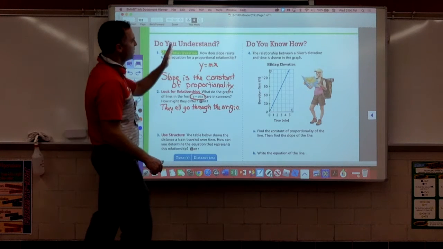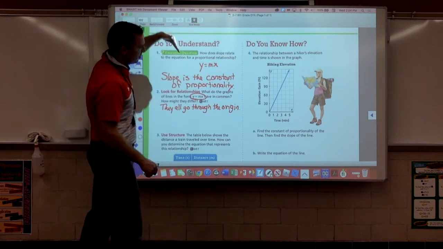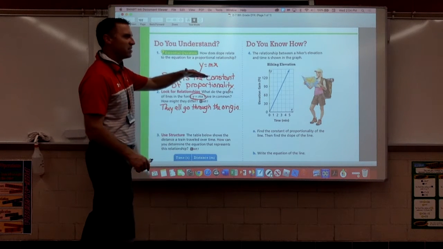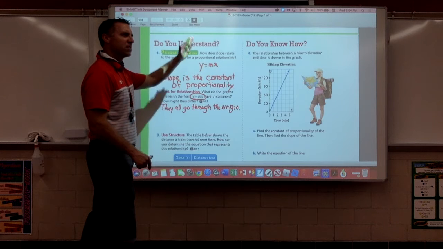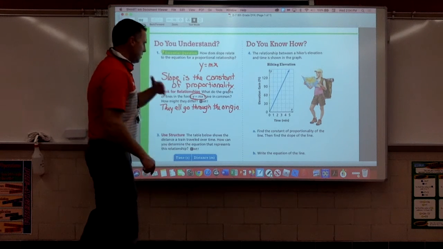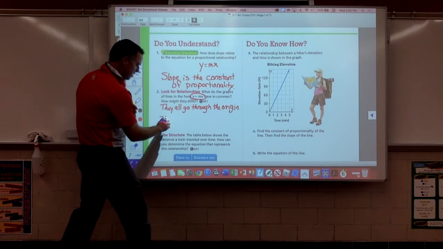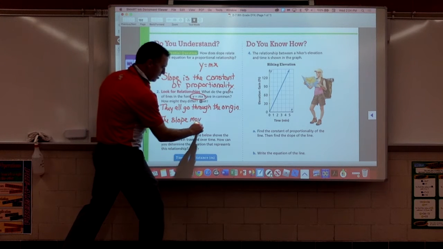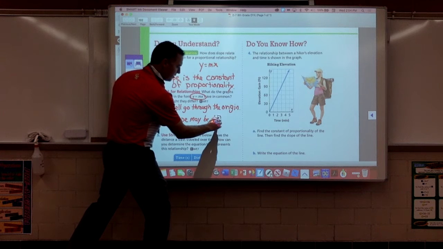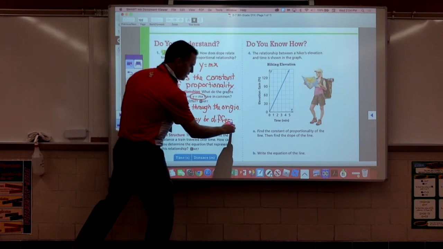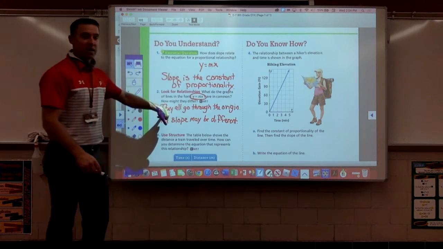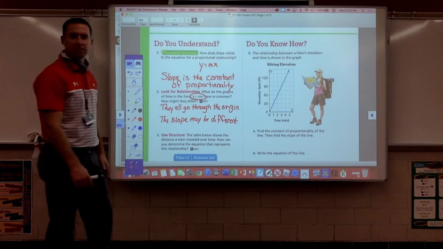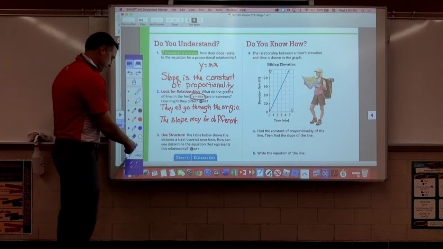Some of them go real uphill, some go downhill, some don't go up as fast, some don't go down as fast. What is that called? The steepness of a line. The slope. It may differ. What's always the same? They go through the origin. What could be different? The slope. Questions?